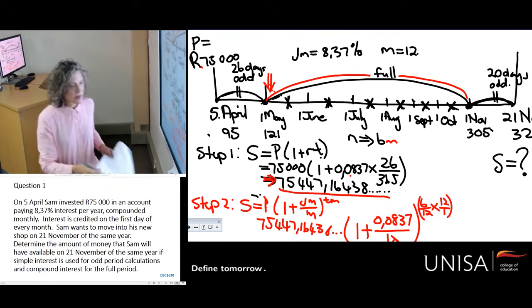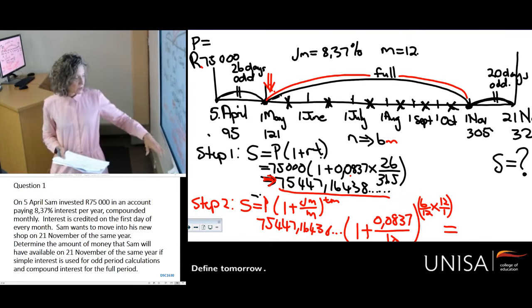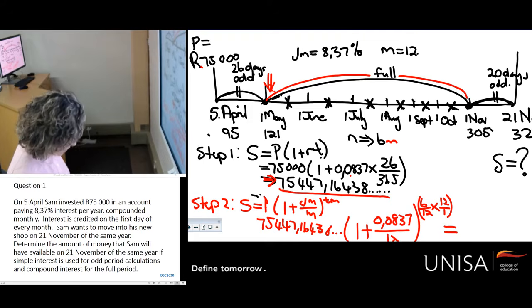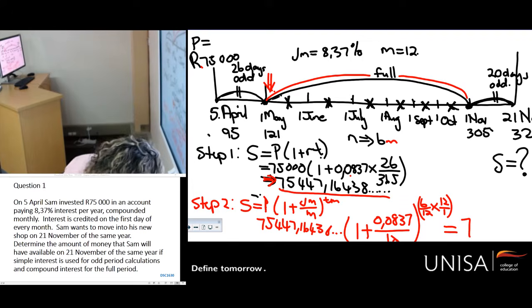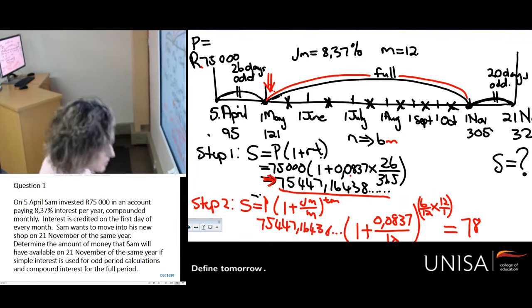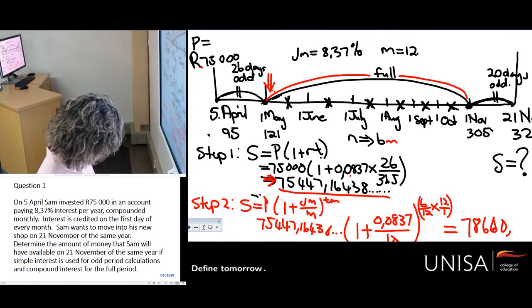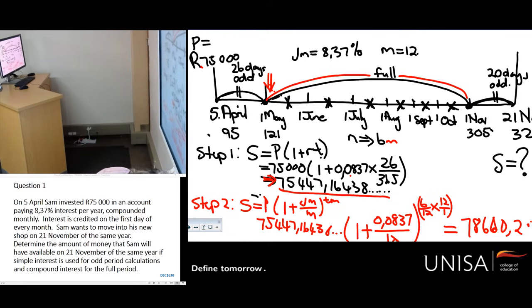And if you work that out, either with your financial mode, or you can use normal mode on your calculator, we do get an answer of 78660.201, and so forth.